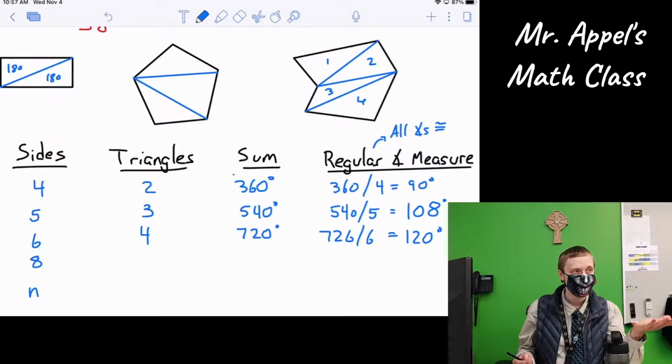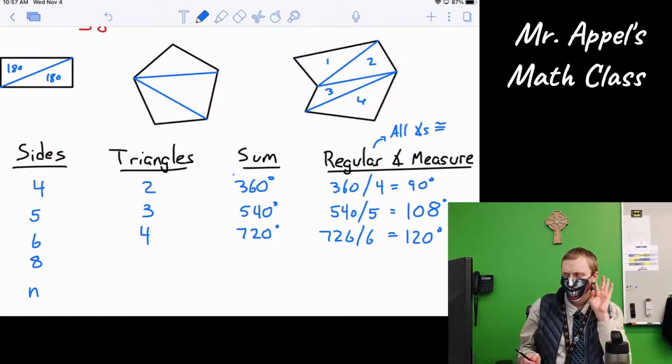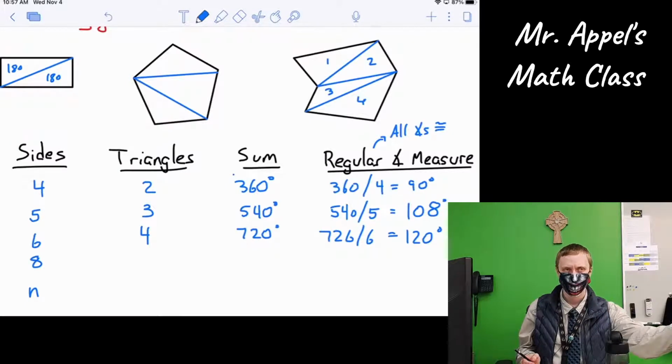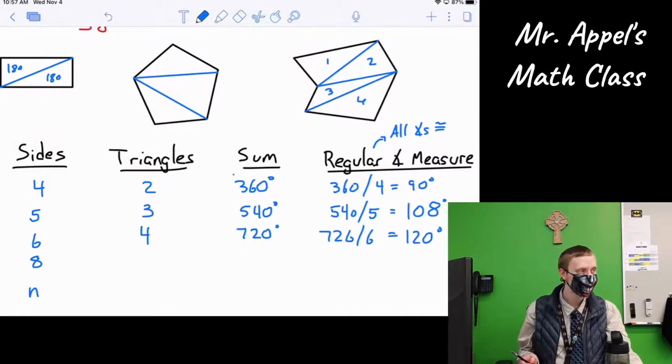Say again? 16? Sorry, oh, yes, sir. That got a lot bigger real quick. I went from 2 to 3 to 4 to 16? That seems like too many.